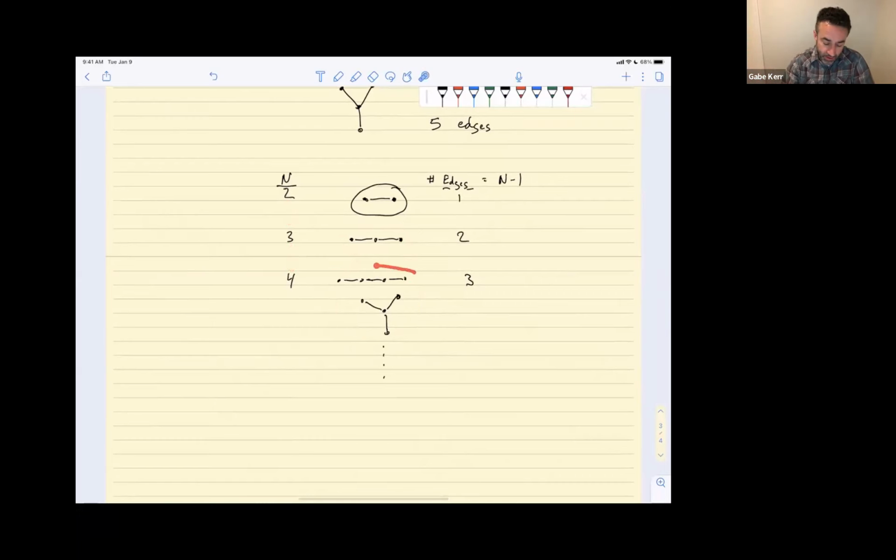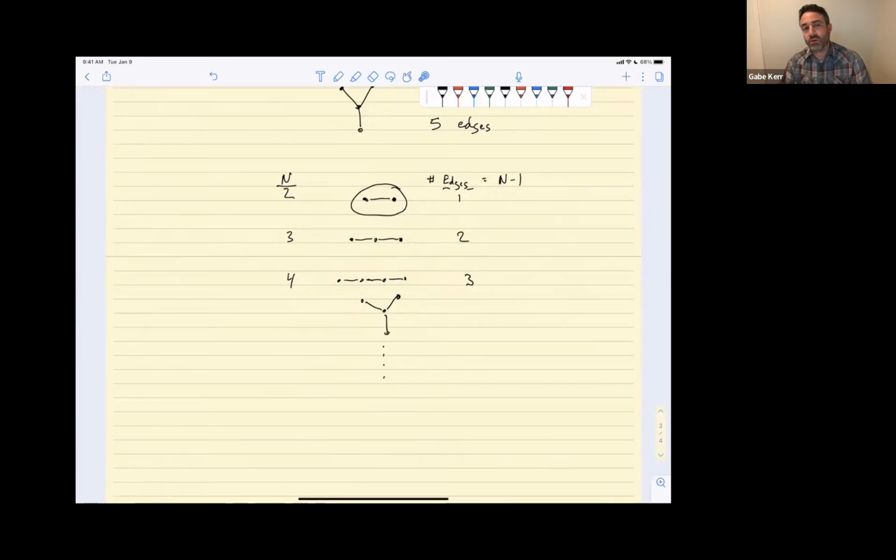So I built this one by adding a single edge there, or this tree by adding a single edge here. So whenever I go up one vertex for trees, I can just add a single edge with a single vertex on the end. Those vertices are called leaves. You can think of them as the end of the branches.